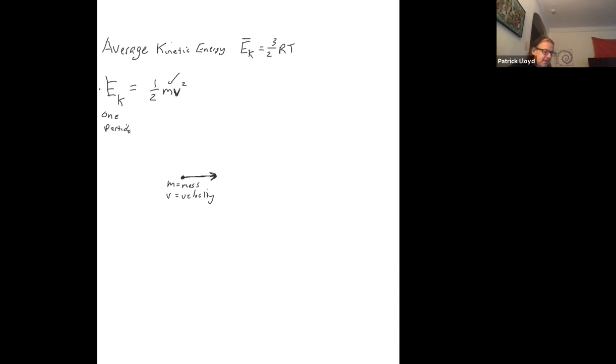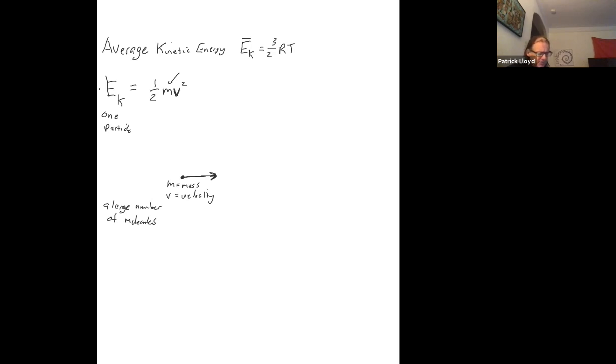Okay. So now here's what I'm going to do. I'm going to now say that suppose we have a large number of molecules. Well, now we have to start talking about averages. It's really the average kinetic energy again, because we're not just talking about one.